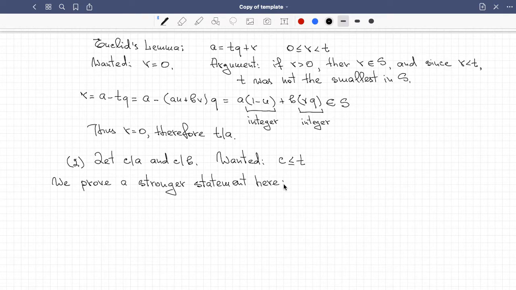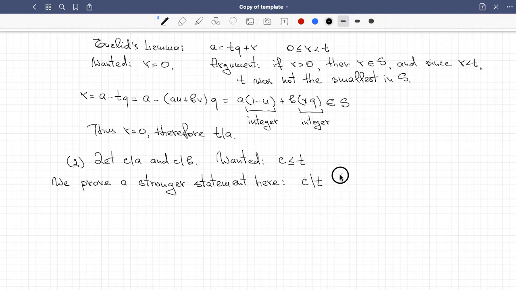Namely, we will prove that C divides T. T is the smallest in the set of positive integers, so this is a positive integer anyways. Its divisor is going to be definitely smaller than the integer itself or equal to this integer.